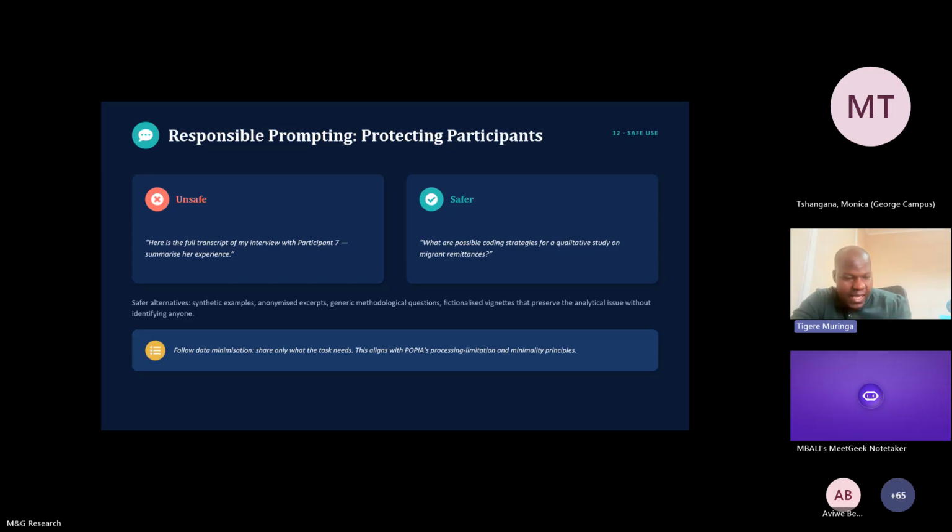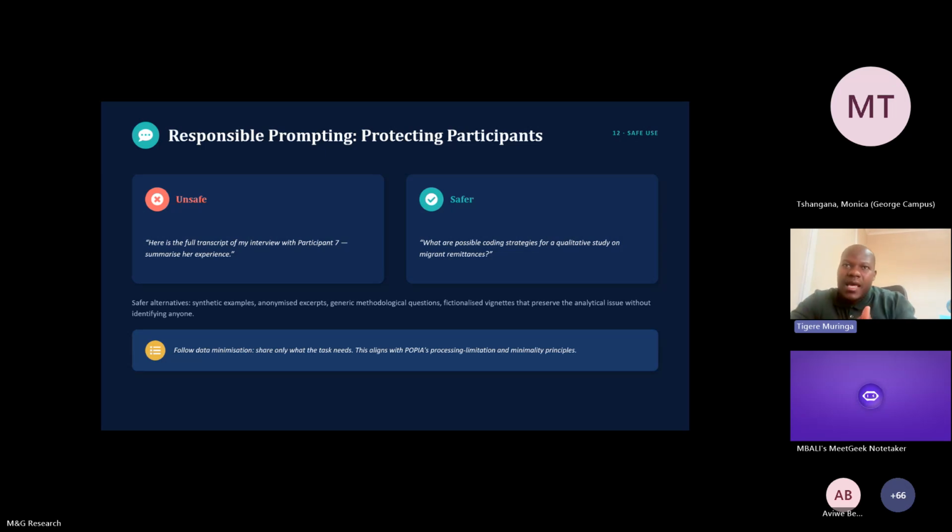Instead of pasting a participant's full account, you can create a short, fictionalized excerpt that preserves the analytical issue without identifying the person. Prompting should follow data minimization, and provide only what is necessary for the task. Now, this is in alignment with POPIA's processing limitation and minimality principles, as well as the broader responsible AI frameworks that emphasize privacy-preserving and risk-based use.